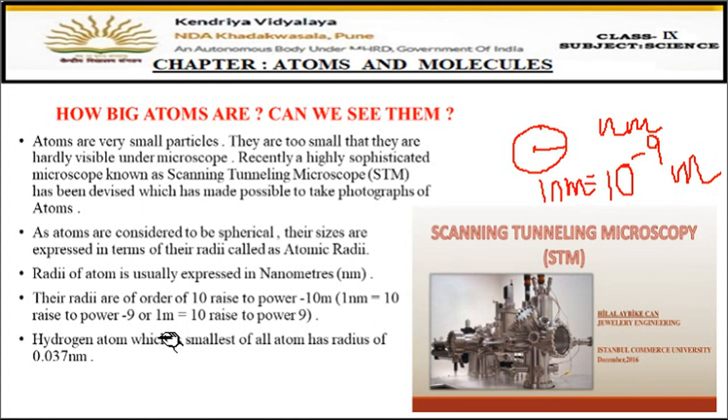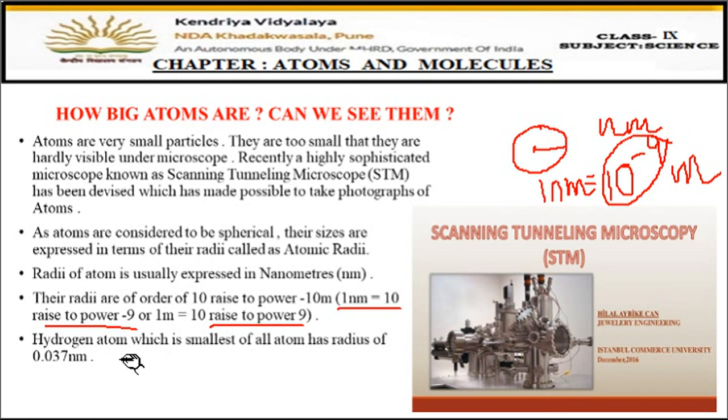Or you can say 1 meter is equal to 10 raised to power 9. But I think this one is better to learn, that 1 nanometer is equal to 10 raised to the power minus 9. Okay, 10 raised to minus 9 is called the nanometer scale. So this much small is the particle or the atom sizes.